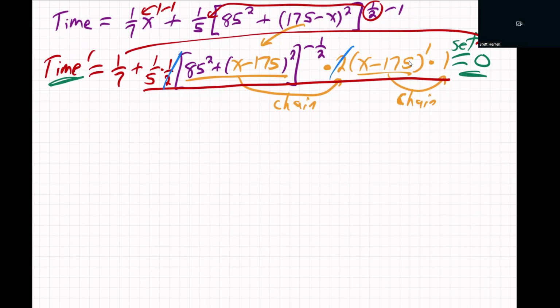So then I've got 1/5. In fact, I'm going to make numerators denominators right now. I'm going to say we have x minus 175 over, and down below we have 5 times parentheses 85 squared.